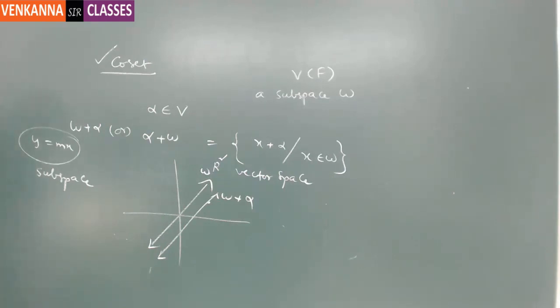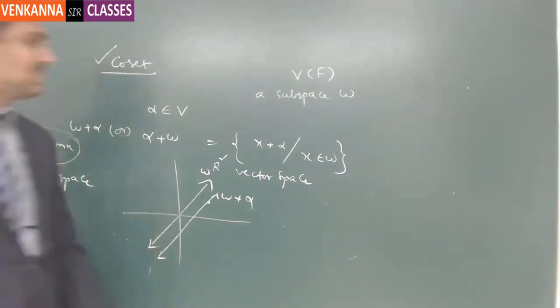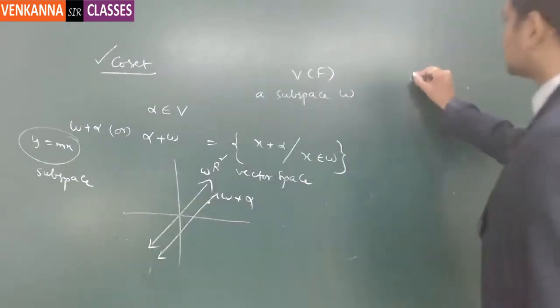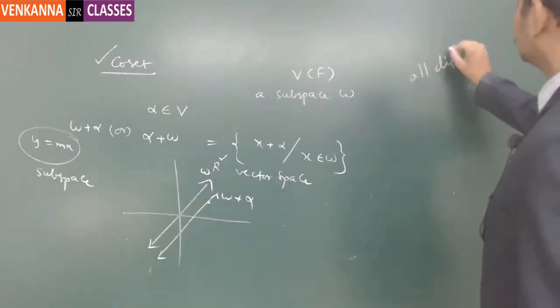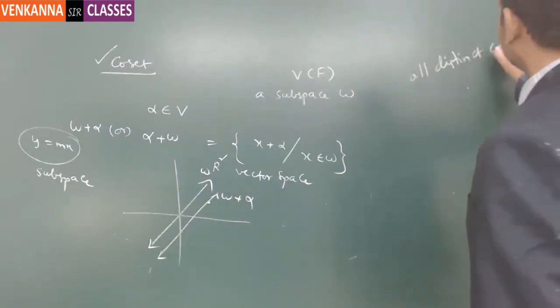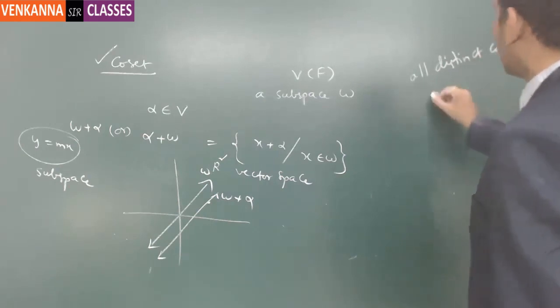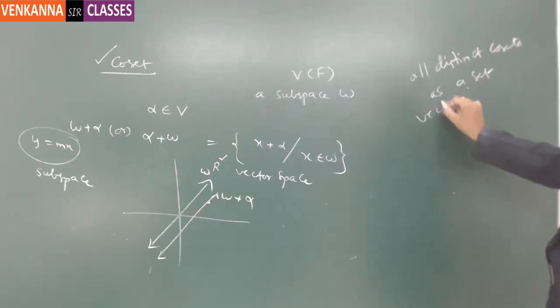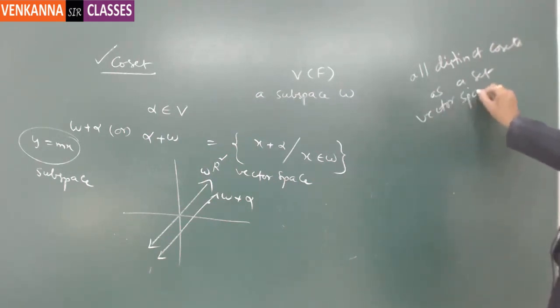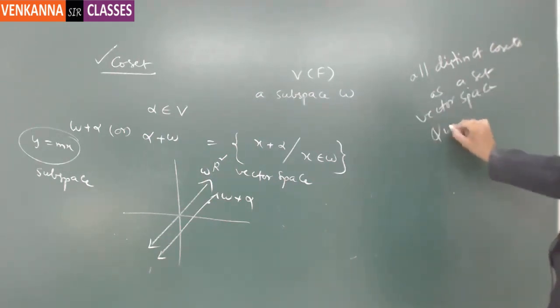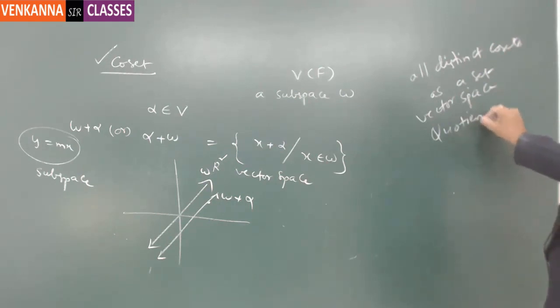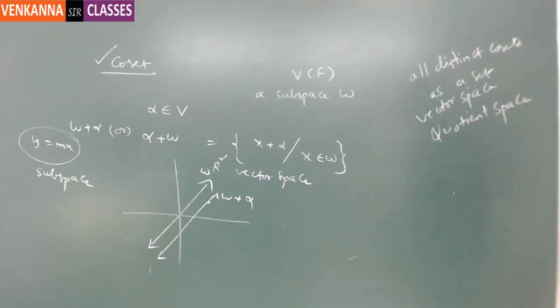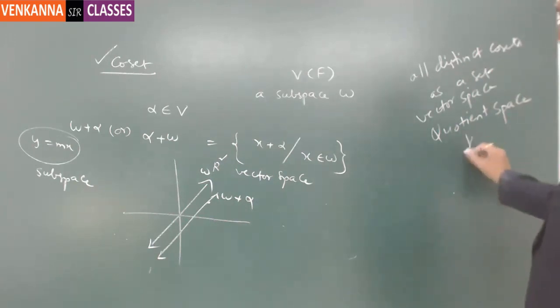Now based on this, if you consider all distinct cosets as a set, it becomes a vector space. We call it the quotient space. It is denoted by the symbol V by W.